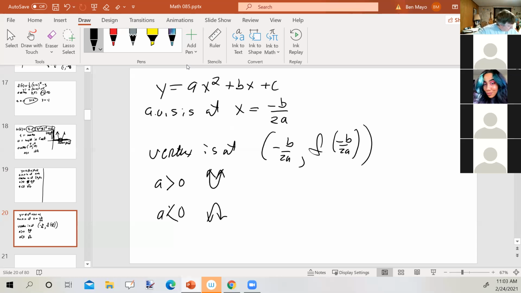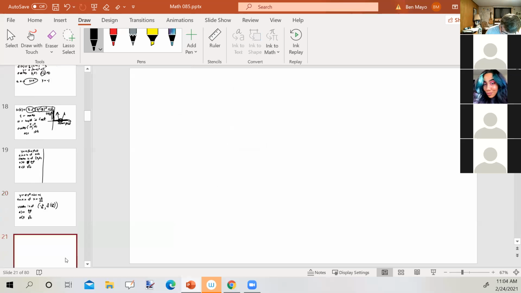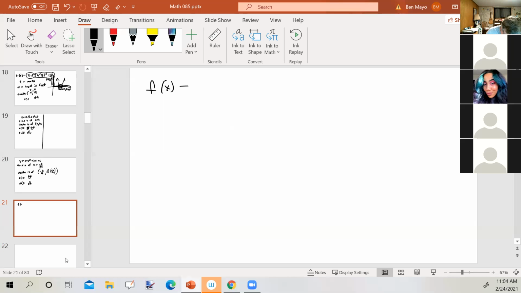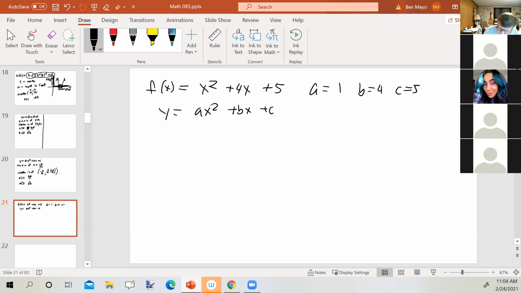Let's say we've got this. F of x equals x squared plus 4x plus 5. Okay, so that is in the form y equals ax squared plus bx plus c. A is 1, b is 4, and c is 5.